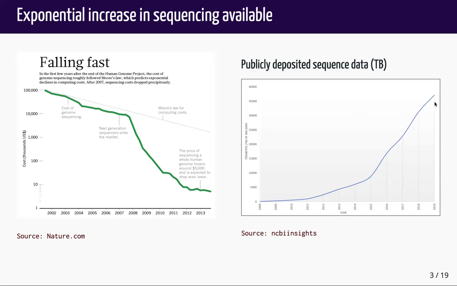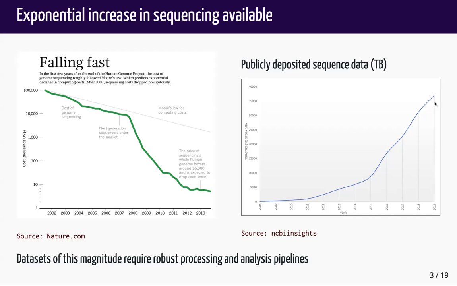As you can see, in 2019, there's almost been 400,000 terabytes of sequencing data deposited. And perhaps also unsurprisingly, data sets of this magnitude will require robust pipelines to process it all and make sense of what is essentially all A's, C's, T's, and G's.